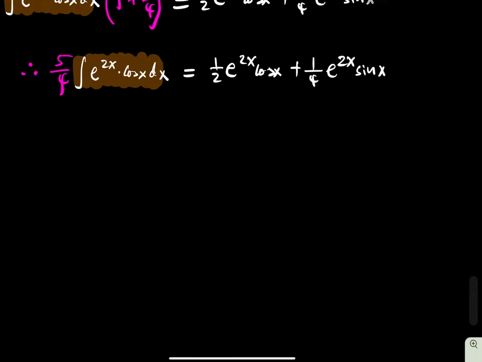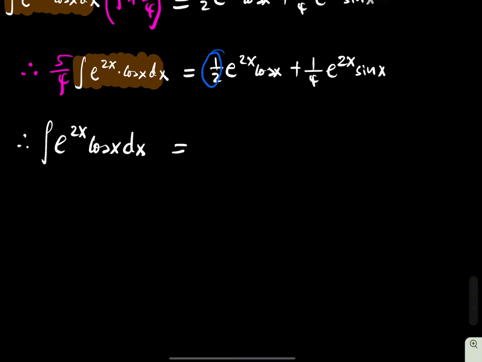What can you do? You want to solve this, so you must divide every term by 5 over 4, or multiply each term by 4 over 5. So I'm going to have the integral of e to the power 2x cos x dx is equal to, I need to multiply the whole equation by 4 over 5.